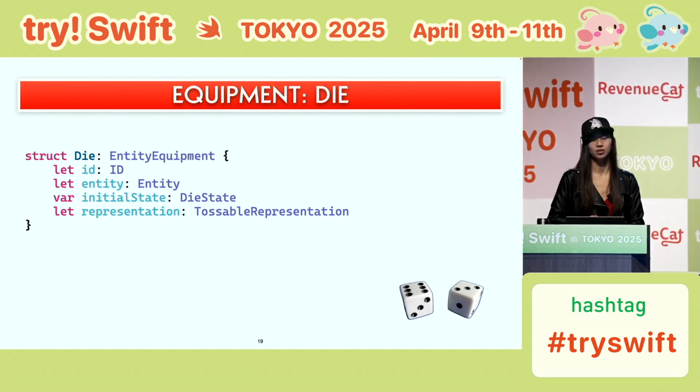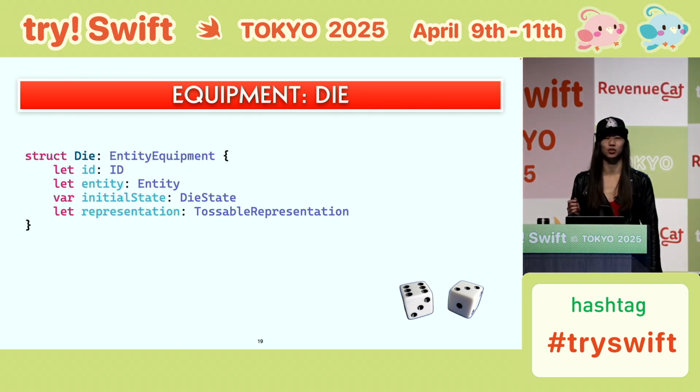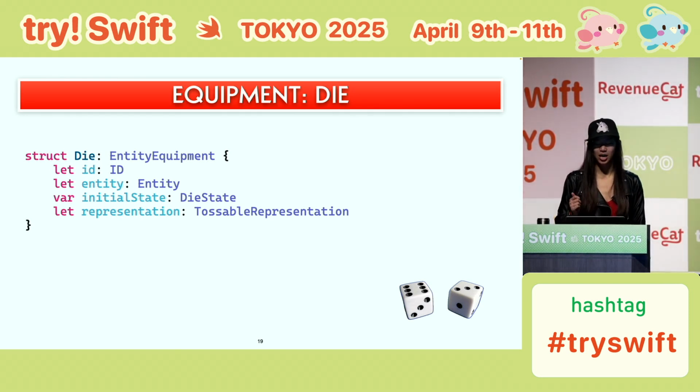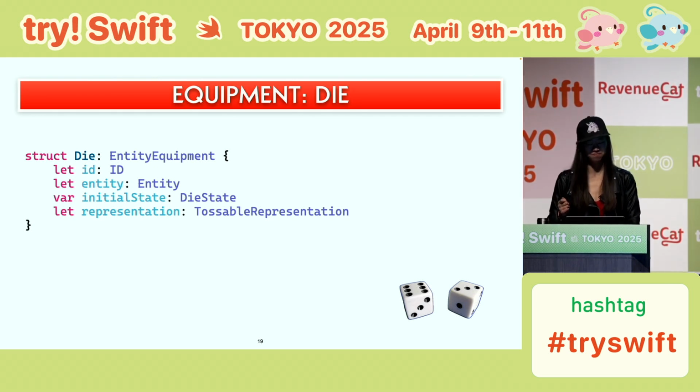We then have our die or dice, and this is another entity equipment. It has a die state, and it also has tossable representation. So that is kind of why they made TabletopKit, because of things like this. It's funny, tossable representation is defined as an object that represents geometric shapes that players can throw during gameplay.